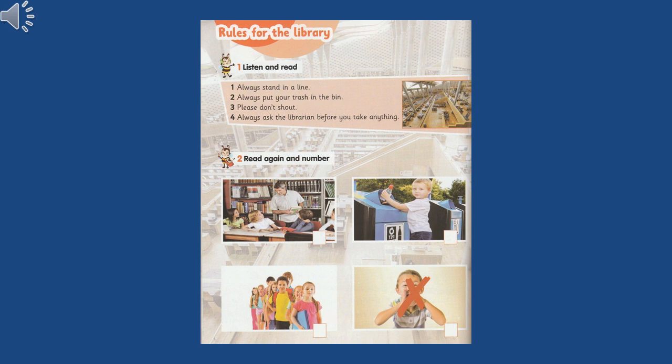What should be the rule? Read the rules and say it. Please don't shout. Excellent. So what is the number you will write on this picture? Well done. 3. Thank you for watching the video and see you the next time.